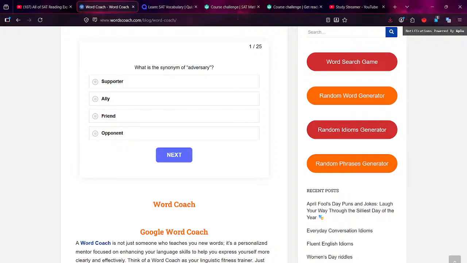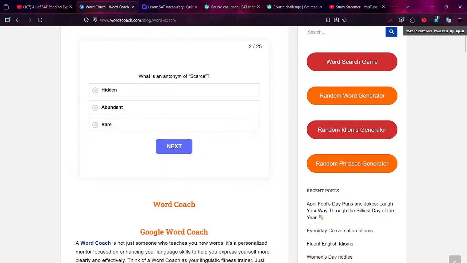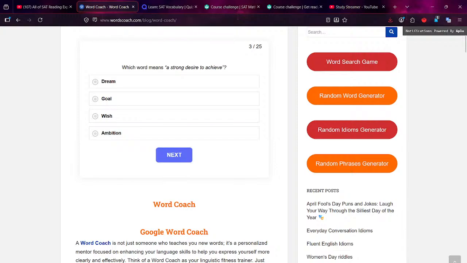For this, what's a synonym of adversary? Well, that's going to be opponent. Scarce, that means it's going to be like rare. Antonym, yeah. Which word means a strong desire to achieve?